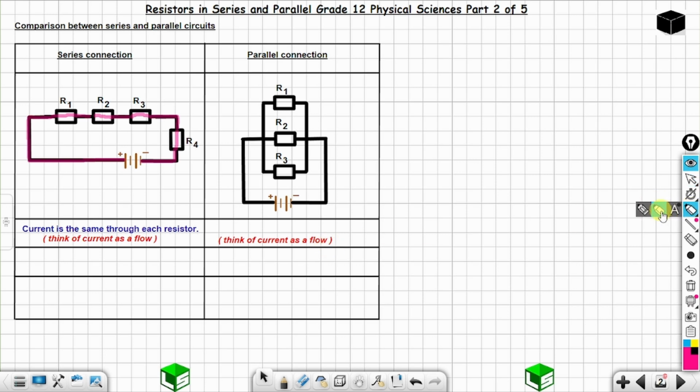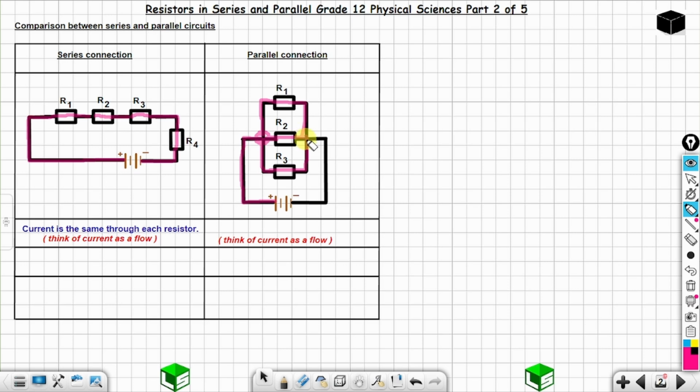Now, for a parallel connection, always think of current as a flow. The current coming from the battery, when it meets a splitting point, is going to split. Part of the current will flow on this branch, another part on this branch, another part on this branch, and then the current will join.